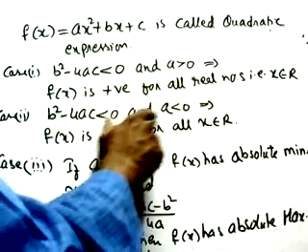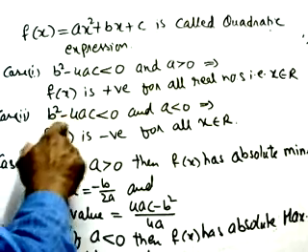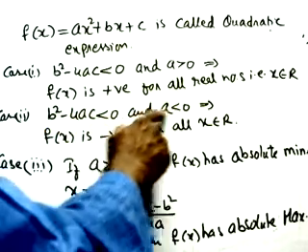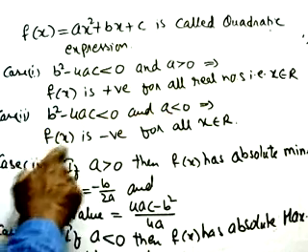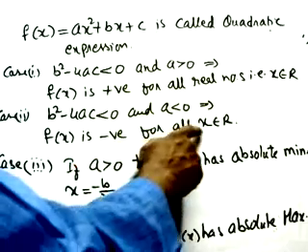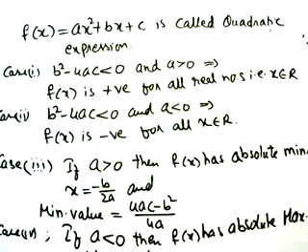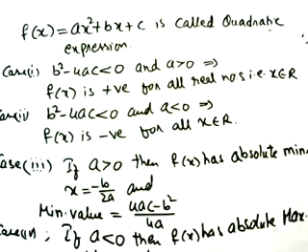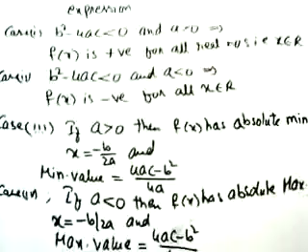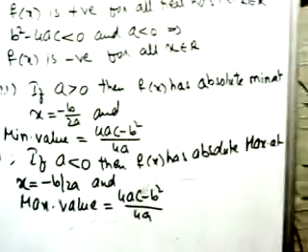Suppose we have b square minus 4ac less than 0 and a less than 0, then f of x is negative for all x belonging to R.